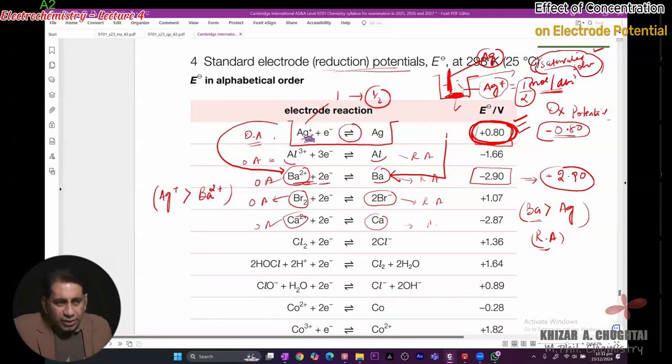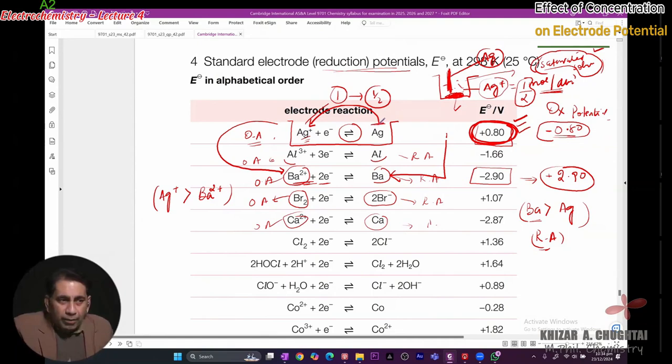Upon a decrease in the concentration of Ag positive ion, let's suppose it was initially 1 mole per dm cube and I have decreased it to half the concentration, what will happen? Equilibrium will be shifted towards the left hand side. I mean, the position of equilibrium will shift backward, to make more and more silver ion to compensate.